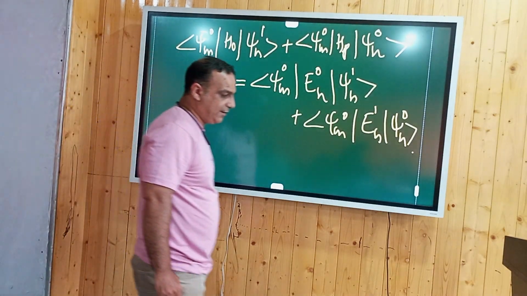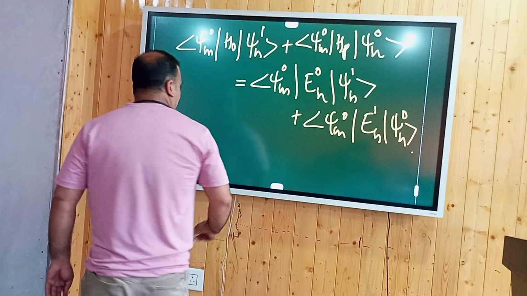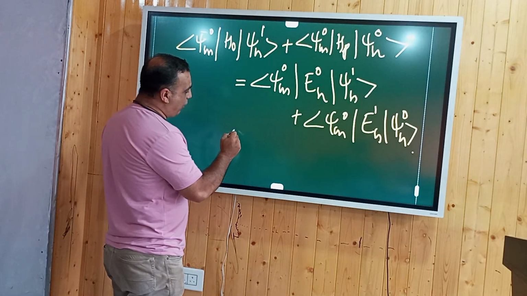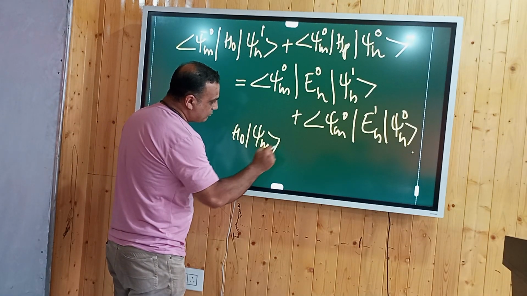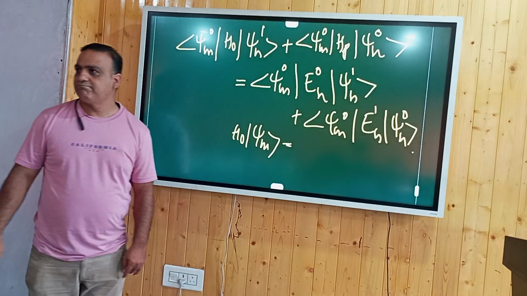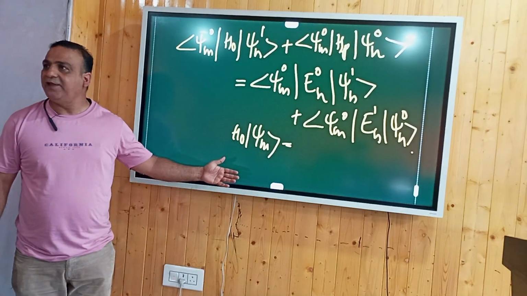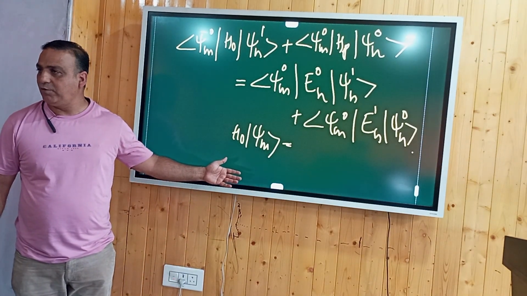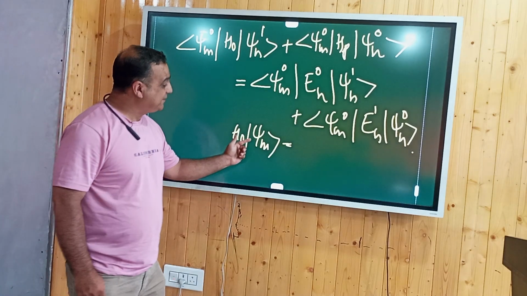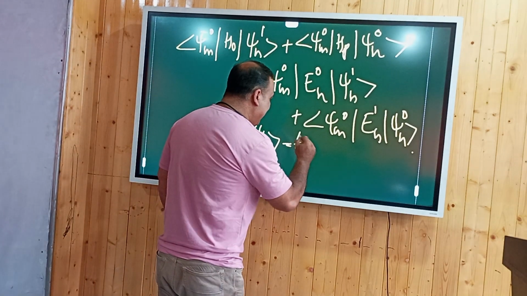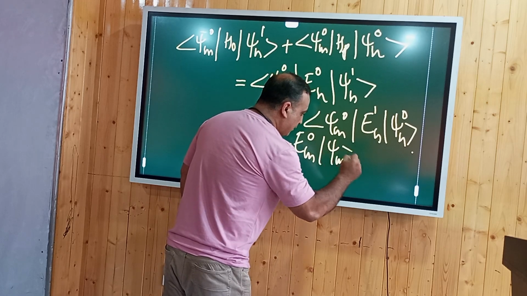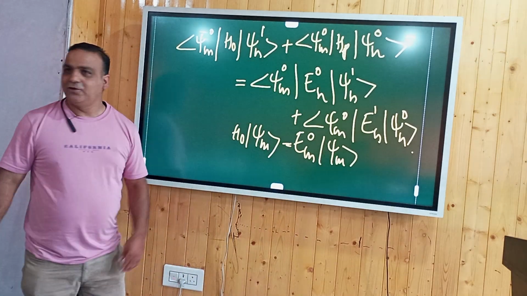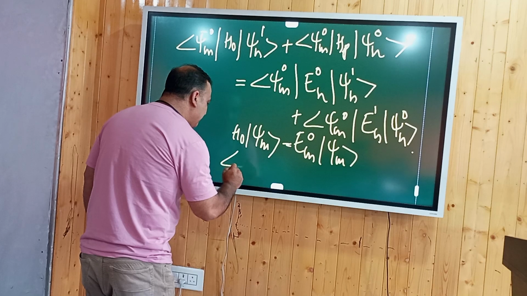Now, you can think of H naught psi m. You can write down the energy eigenvalue for psi m. What would that be? H naught psi m is E m naught psi m. Clear? So I can also write the bra of it.